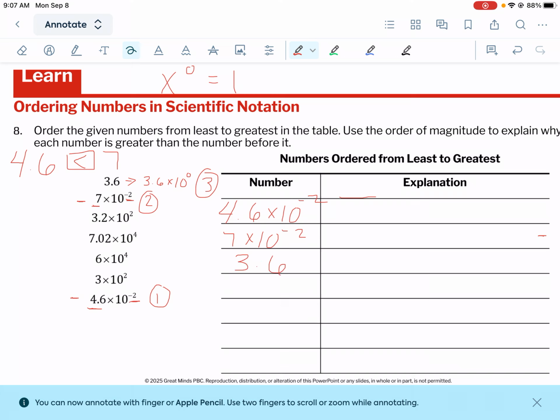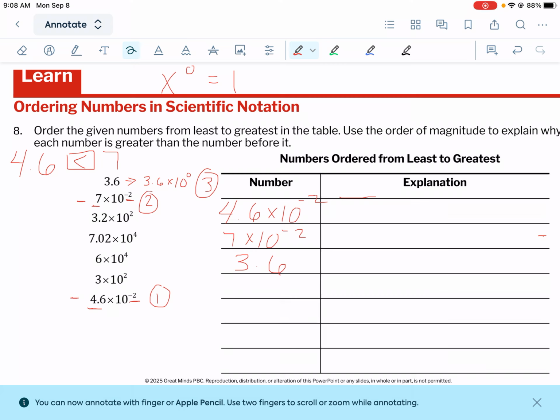You just put 3.6. And your explanation would be that this number in scientific notation carries an exponent of 0, which is technically more than that exponent of negative 2. Okay? Moving along, because we've got 4 more.